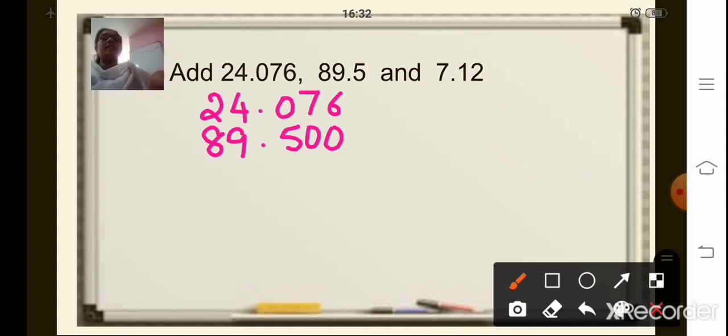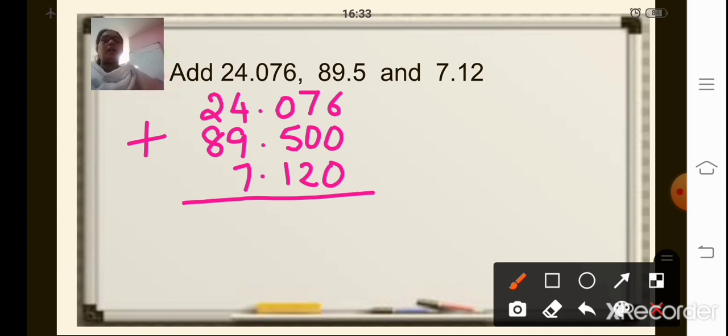The next number is 7.12. So 7, decimal point, 1 is in the tenths place, 2 is in the hundredths place, and to make it into like decimals, add a 0. Now we will add all the 3 decimal numbers. So this will be 6, 9, 5 plus 1 is 6.